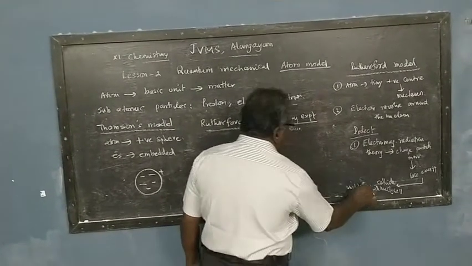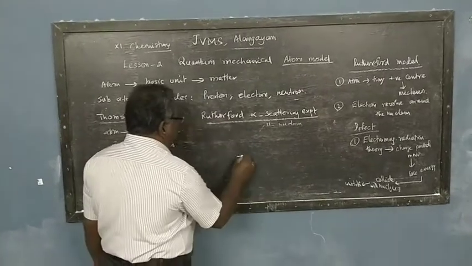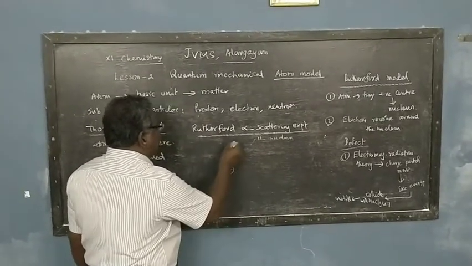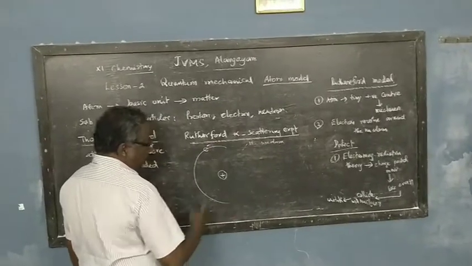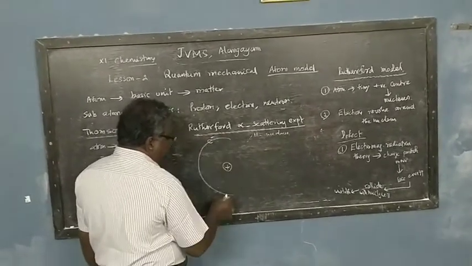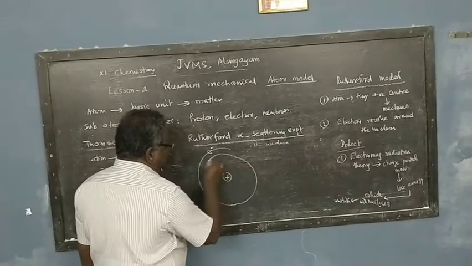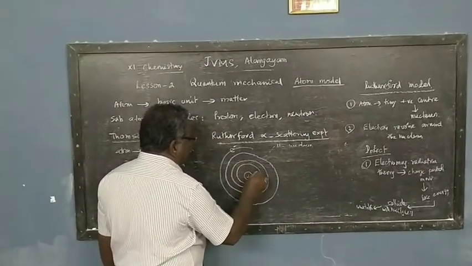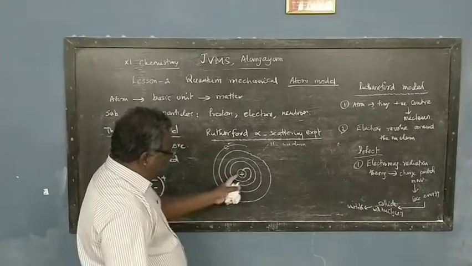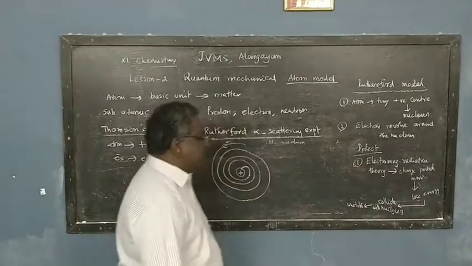Right? Okay? So when there is a positive center, now the electron is moving around the nucleus. If it is emitting radiation, then slowly its radius will decrease, and after some time it will come and fall into the nucleus. This is what this electromagnetic radiation theory says.